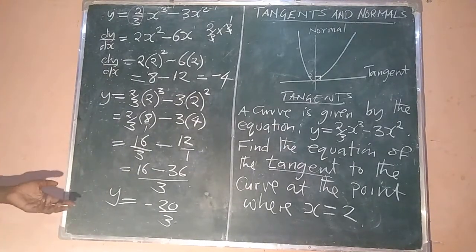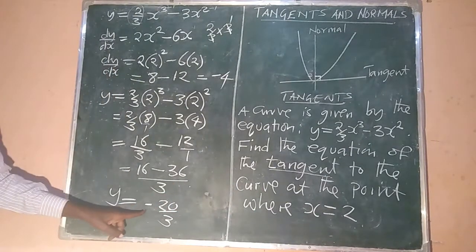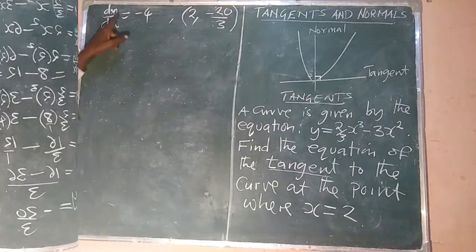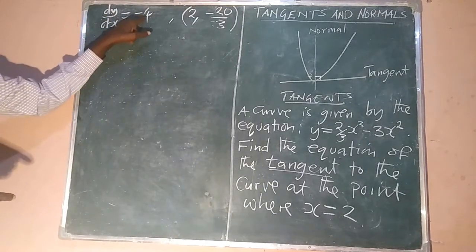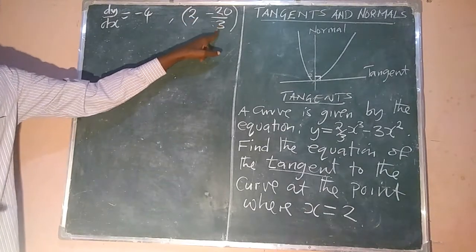So our question continues. Now we have the value of x, which is 2, and the value of y, which is negative 20 over 3. We have dy/dx equal to negative 4, and our point is (2, negative 20 over 3).